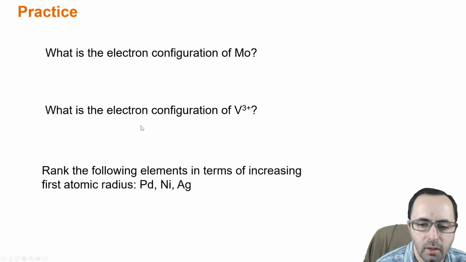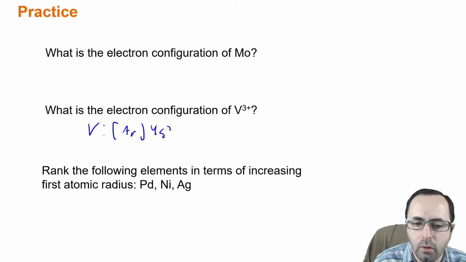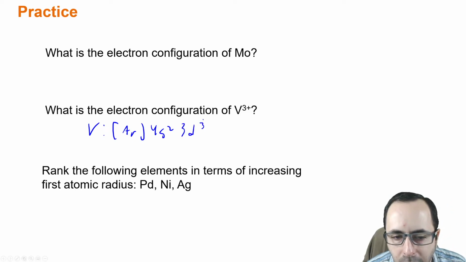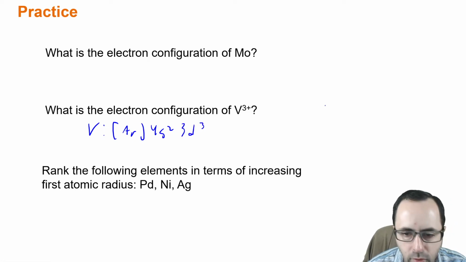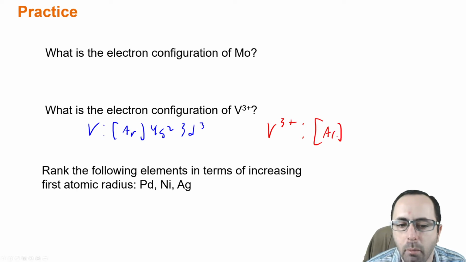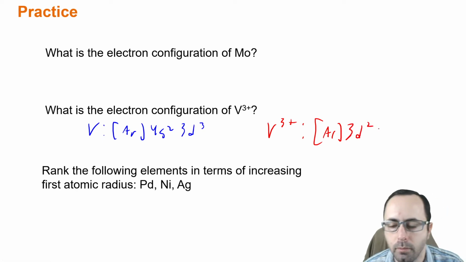No. So we got for vanadium, it was argon 4s2 3d3. Now we're making an ion, so for the ion vanadium 3 plus, it's going to be argon, and then we're going to remove electrons from the s orbitals first. So we'll remove 2 from here and then 1 from the 3d orbital. So it'll be argon 3d2.